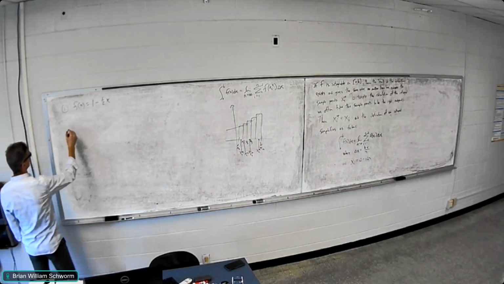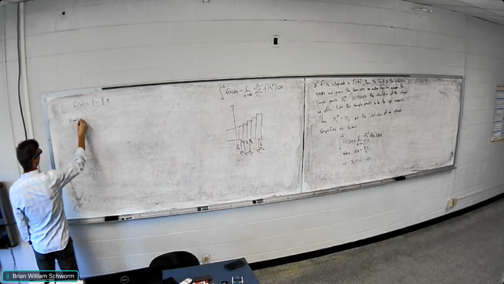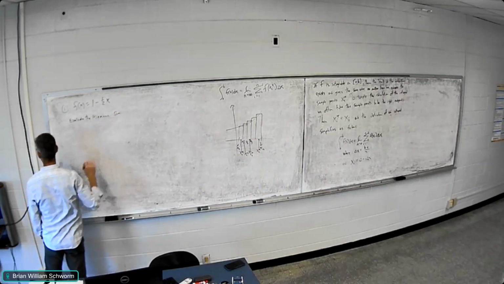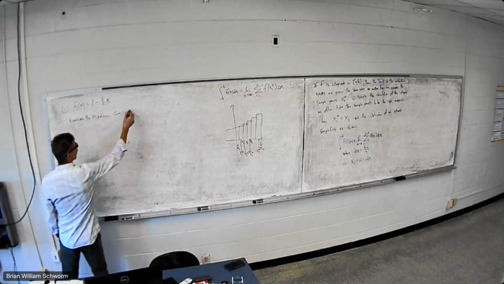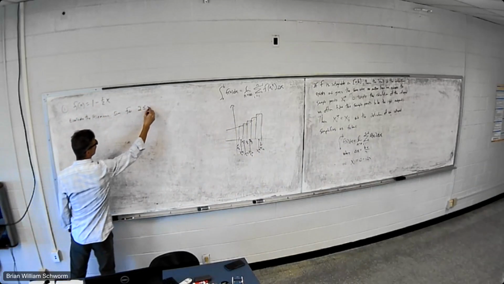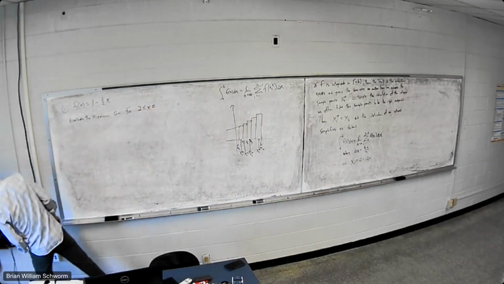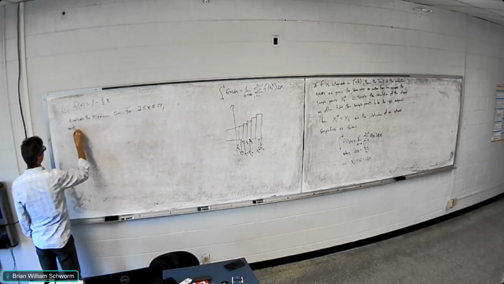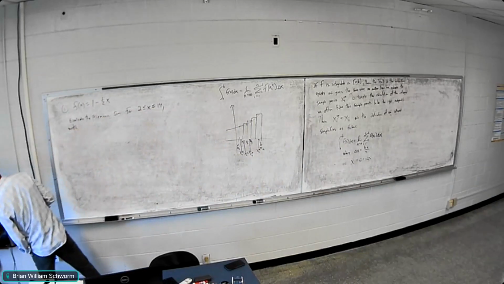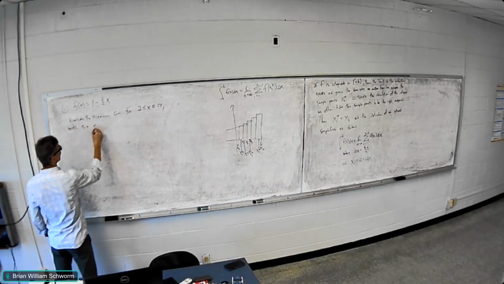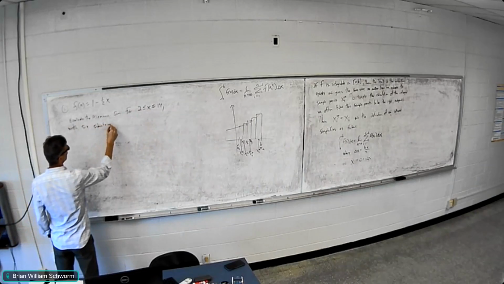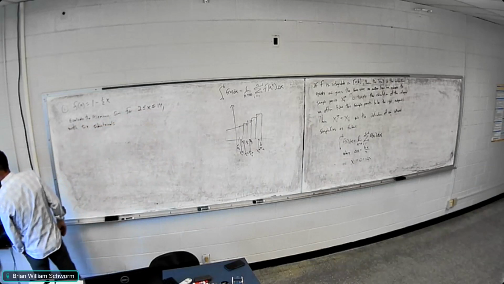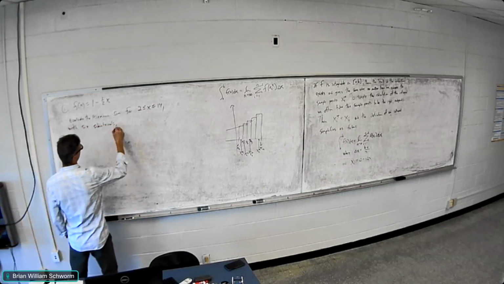Evaluate the Riemann sum for 2 less than or equal to x less than or equal to 14 with 6 subintervals, and they say taking the sample points to be left endpoints.